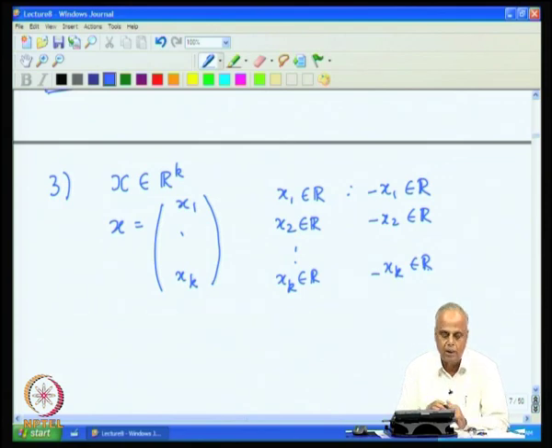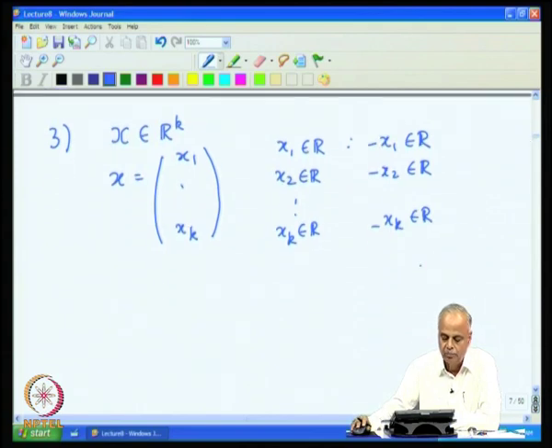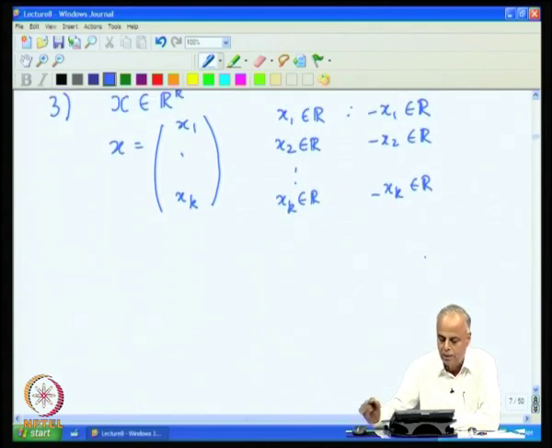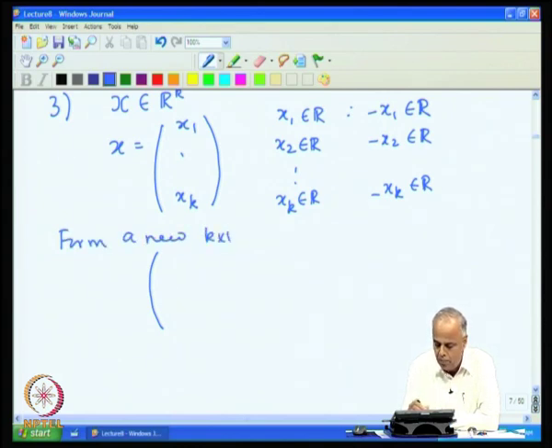So, take a vector or a column matrix x in R k, look at each one of the entries, that being a real number, look at its negative. Since every real number has its negative, we can find all this minus x 1, minus x 2, minus x k. Now, we form a new vector or a new k by 1 matrix, whose entries are now minus x 1, minus x 2 and minus x k.